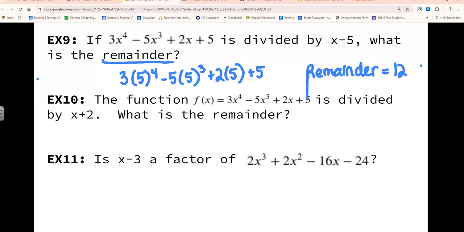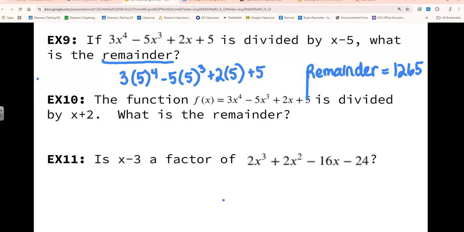That's your remainder. So if you get a question asking you for the remainder, don't do the whole thing. You can, and if you do it correctly you'll get the right answer, but it's really hard and time-consuming. The remainder theorem makes it so much easier.